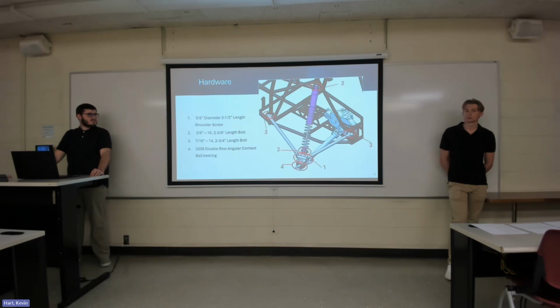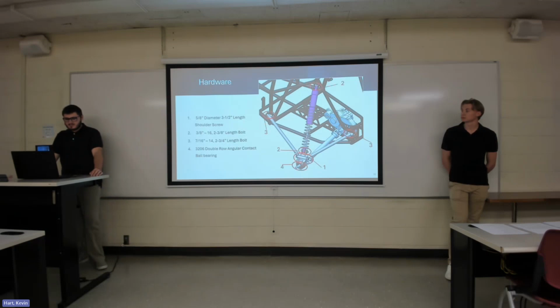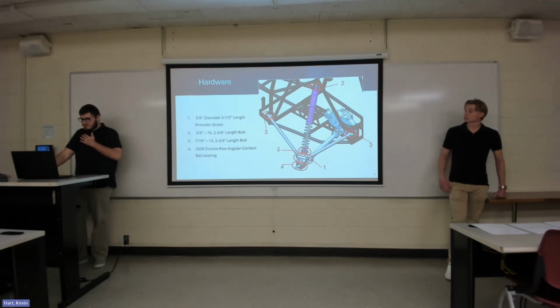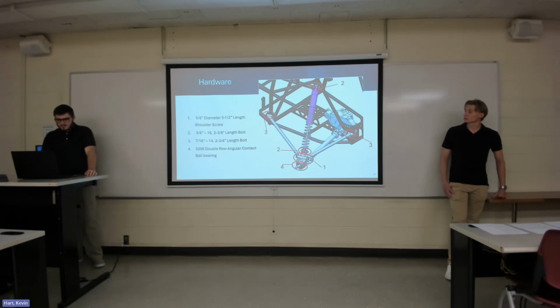And then for the control arm to chassis connection, it's 7/16 by 14 bolts. And then for the wheel bearing, it's a 3206 double row angular contact bearing, because that'll be strong in axial forces and radial forces, which with the use of the load bearing rear axle, they'll see a lot more axial force than a typical wheel.